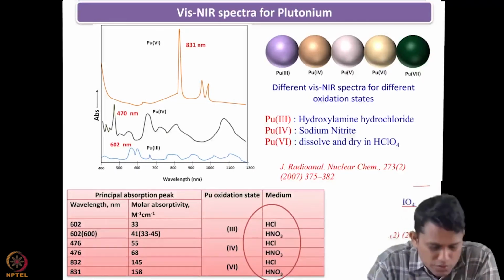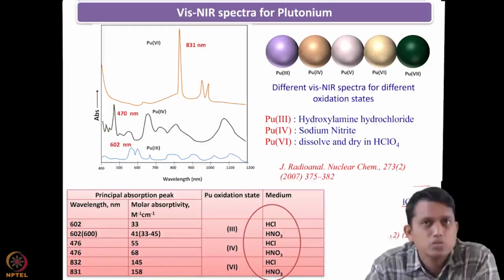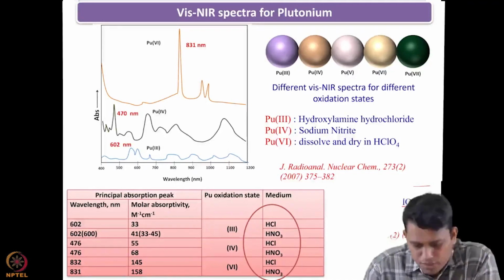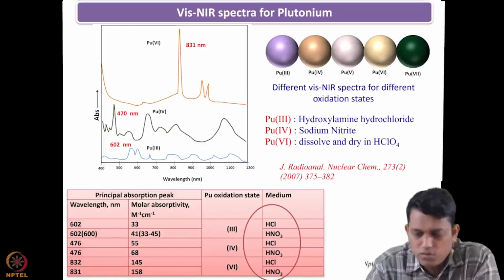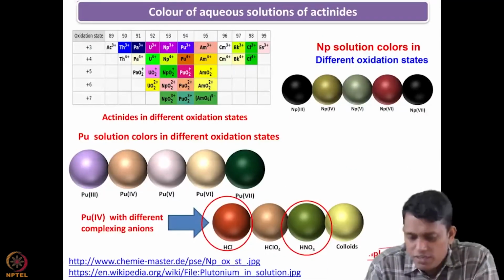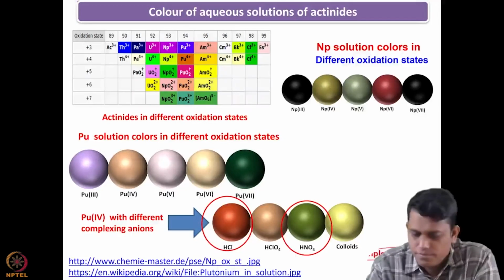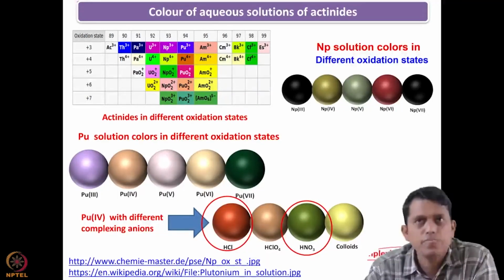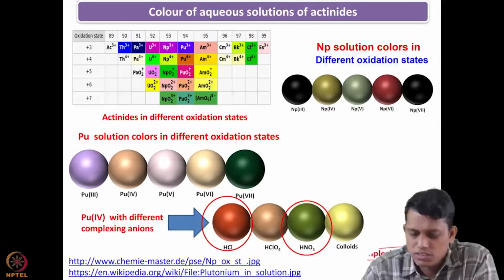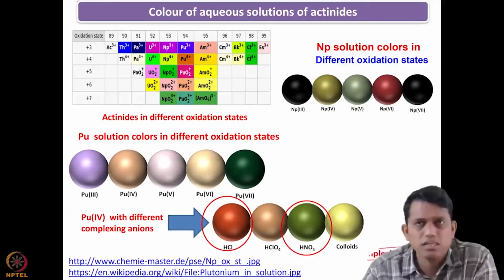We have seen this when moving from HCl to HNO3, with changes in both molar absorptivity and wavelength. Here this is HCl and this is HNO3, and you can see one is almost orange and one is green. So just by changing from chloride to nitrate, the color has changed.